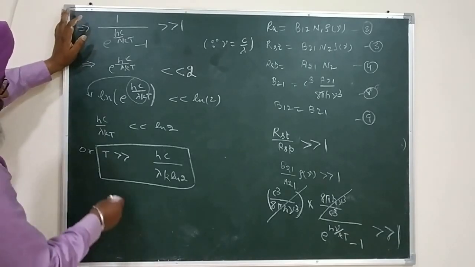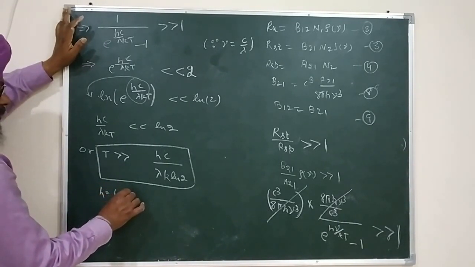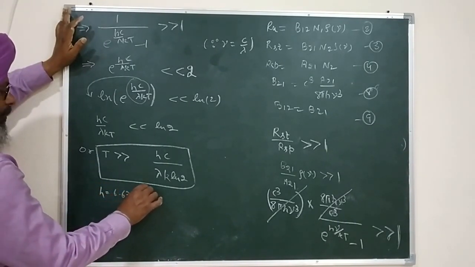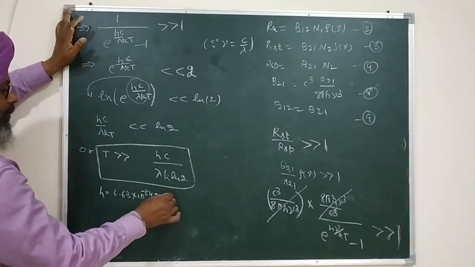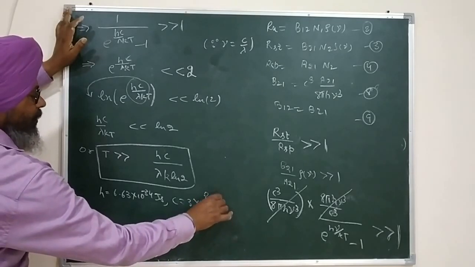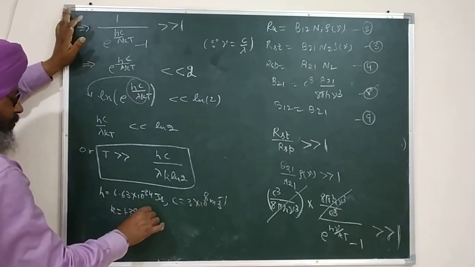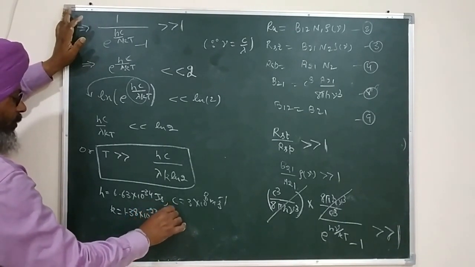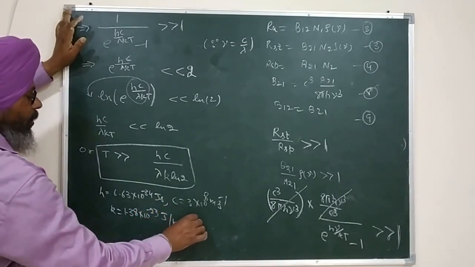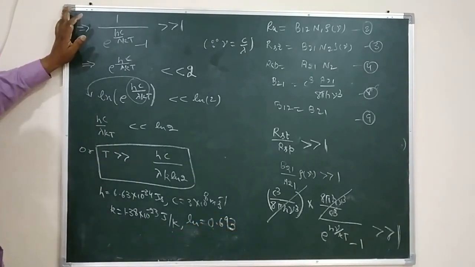Now we know that h is a constant. It is 6.63 into 10 raised to power minus 34 joule second. c is a constant, 3 into 10 raised to power 8 meter per second. k is a constant, 1.38 into 10 raised to power minus 23 joule per Kelvin, and log 2 is a very simple expression.